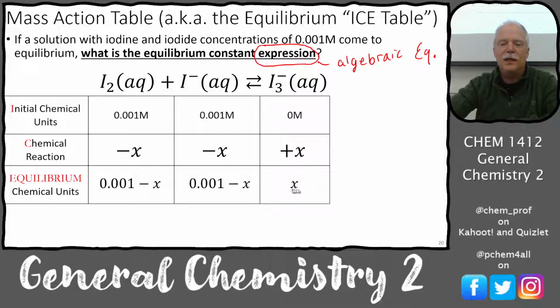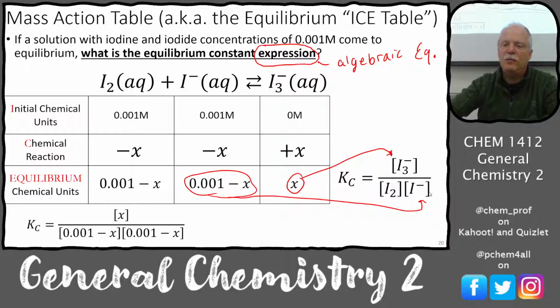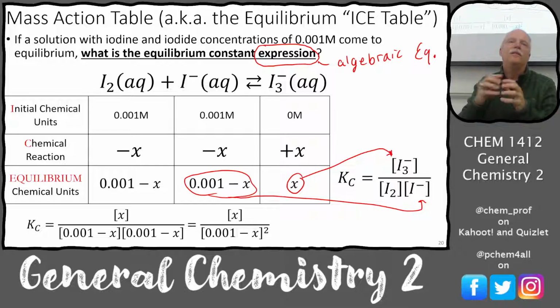And then we have 0 plus X, so we'd have X. So writing out the equilibrium constant expression, this is what it looks like in terms of concentrations, but then we just take all of these pieces here and put them in the appropriate places. So this X goes right there, and this piece right here goes right there, and so on. And so that's what we mean by the equilibrium constant expression. And then we can simplify it. We look in the denominator, we see two of the same things multiplied by each other, so we could simplify it like that. And so that's the equilibrium constant expression written in terms of X.